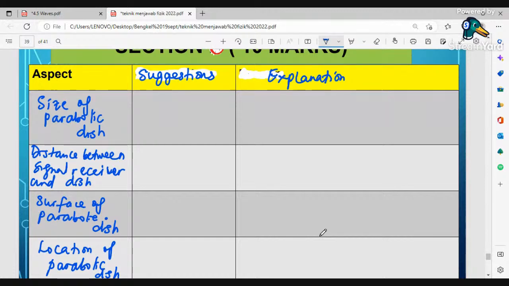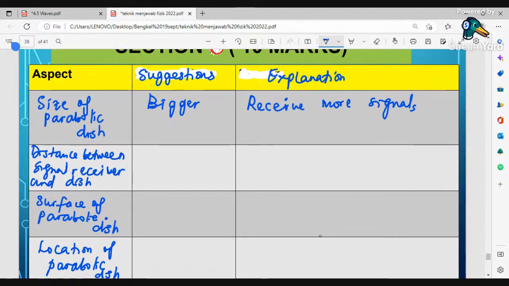Okay. Size of parabolic dish must be bigger or larger to receive more signal, so we can capture more signals. Okay.